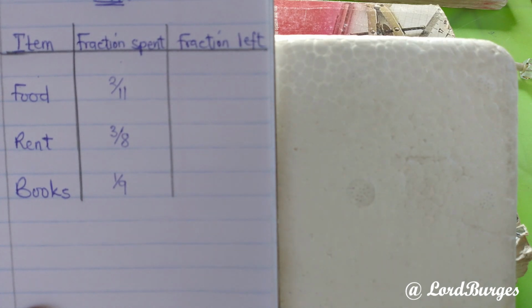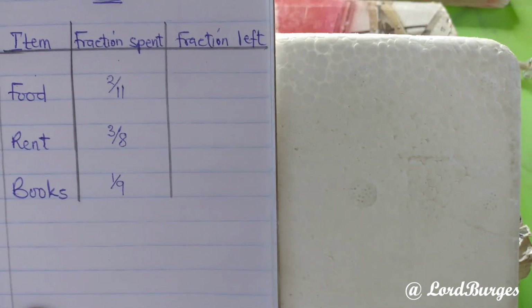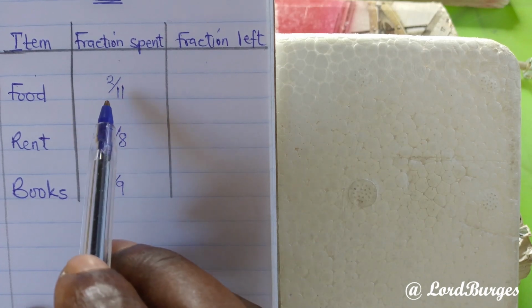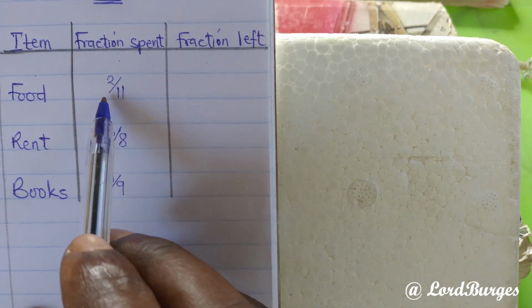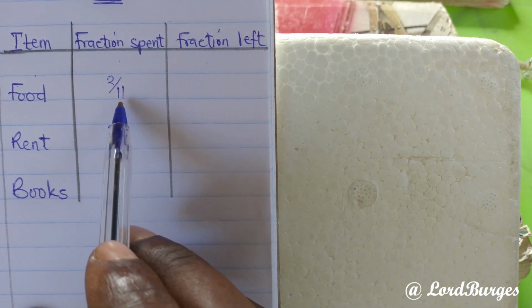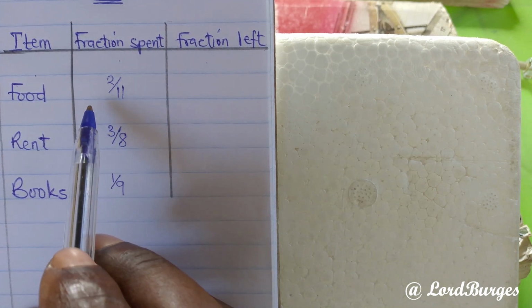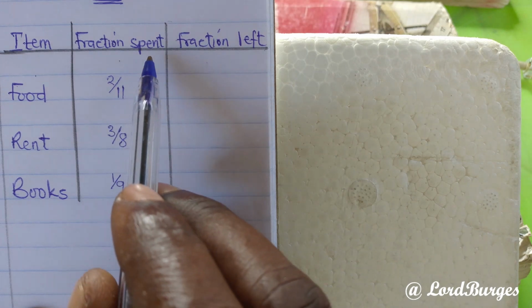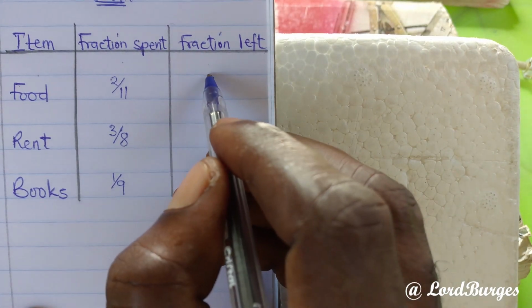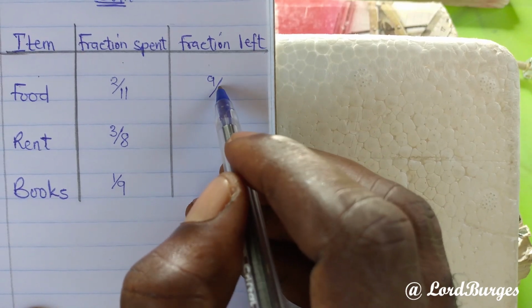Now when you have this, with our fraction spent and fraction left, 2/11 means that something was divided into 11 parts and 2 parts were taken. So if the part spent were 2, then the part left is supposed to be 9 out of 11.